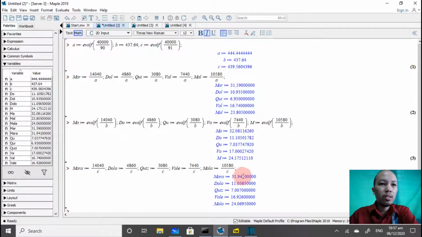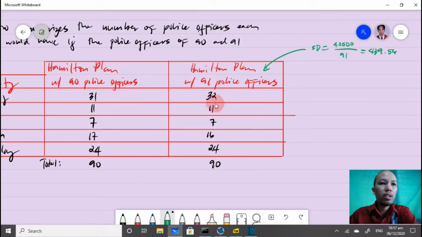So this becomes 32, and the resulting total number of police officers is 90.